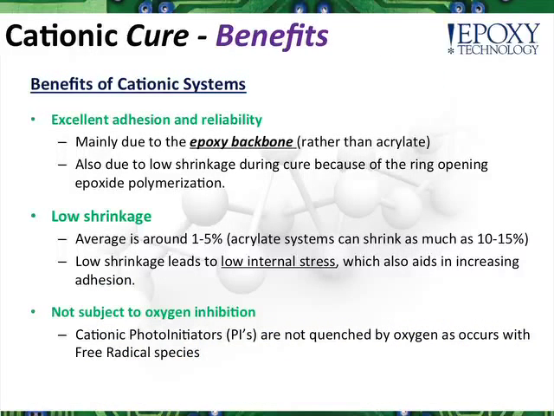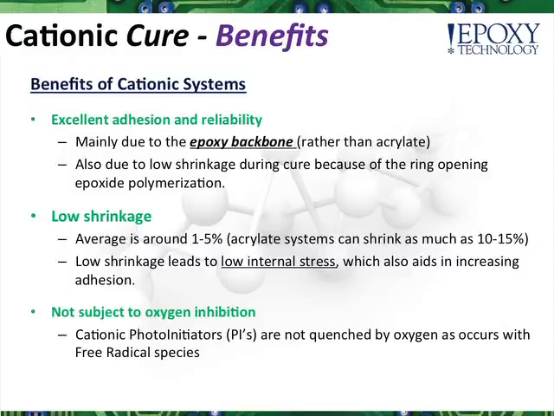Cationic epoxies have a wide array of benefits. First and foremost, they are epoxy-based, meaning they have epoxy backbones. Those epoxy backbones lead to much longer-term reliability than your standard acrylate systems. They produce better 85-85 resistance, better thermal cycling, and much lower shrinkage.